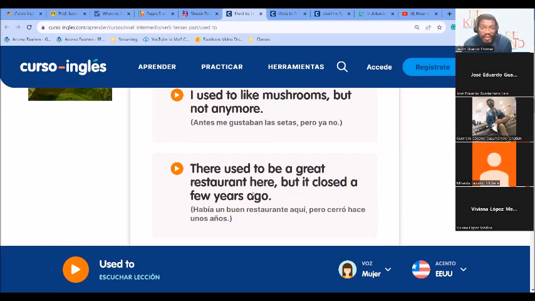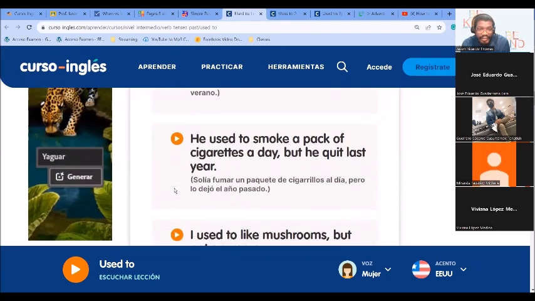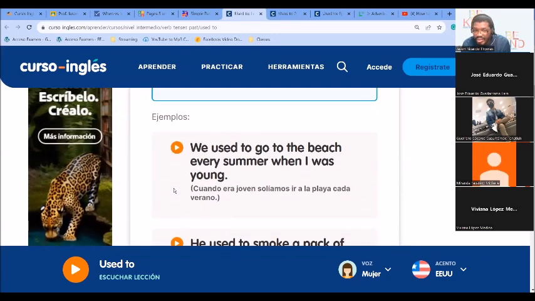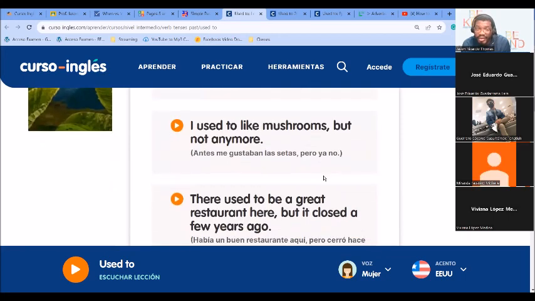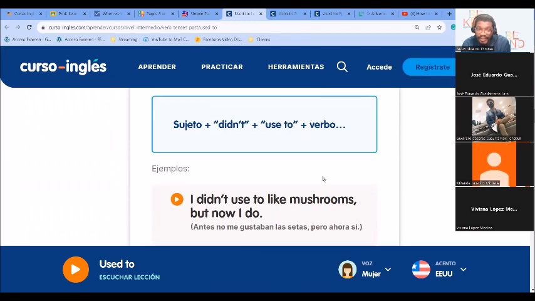As you notice, with all of these examples, something was true in the past, it was a habit, but it's not true now. That's the main use of used to. Now, we noticed subject line, used to, plus the verb. That's affirmative form. What about negative form?